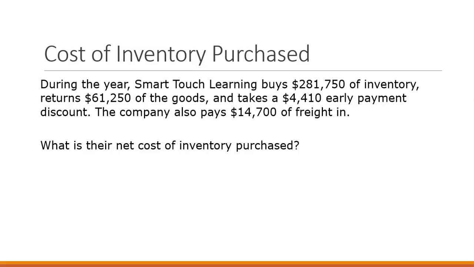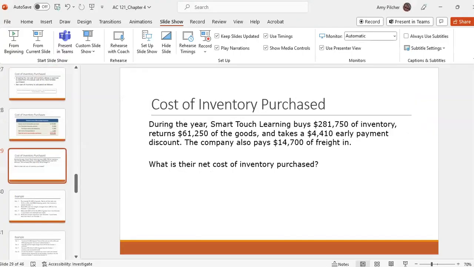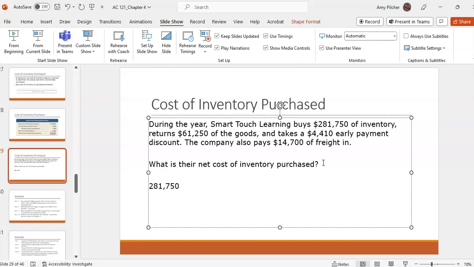So we have this example here. Smart Touch Learning buys $281,750 worth of inventory. They return $61,250 of goods. They take a $4,410 early payment discount, and they paid $14,700 in freight. So what is the net cost of inventory purchased? If we look at this, we have merchandise inventory of $281,750.